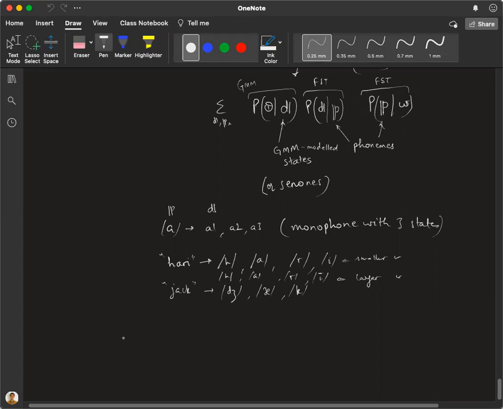Two is a valid word, T W O. So the word is two, and this is basically composed of t followed by u. These are the phonemes.